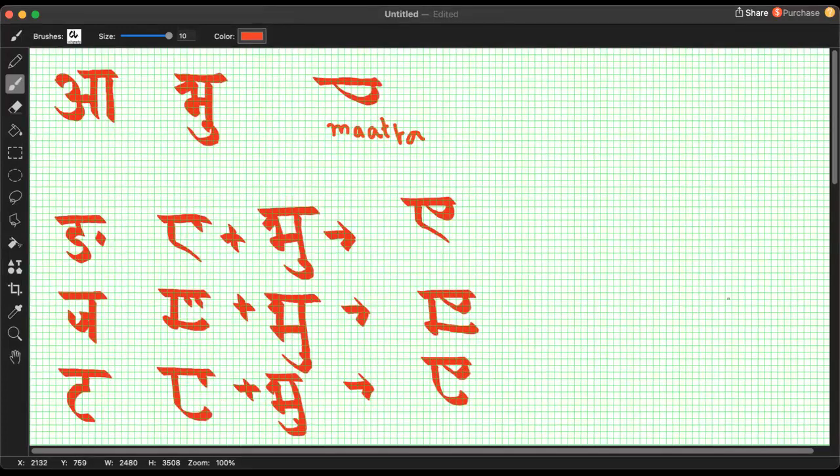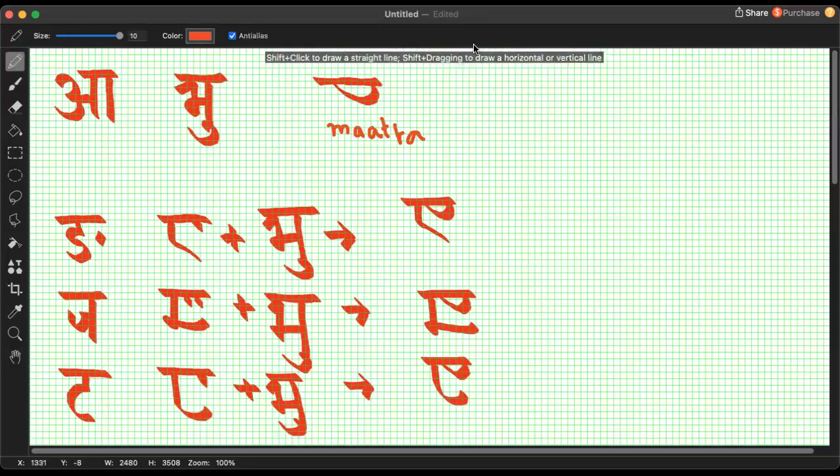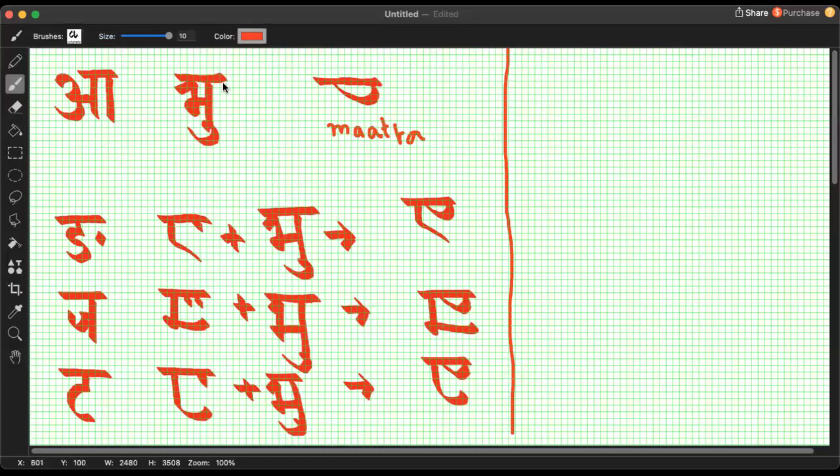Next we have nya. Sorry, we have na. I will show it here itself. We know in Devanagari, this is the na that we write. Okay, in Sharda, na is written like this.